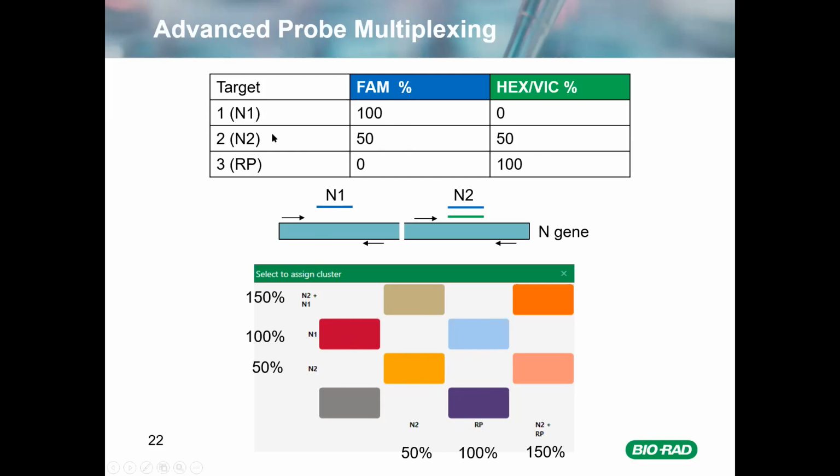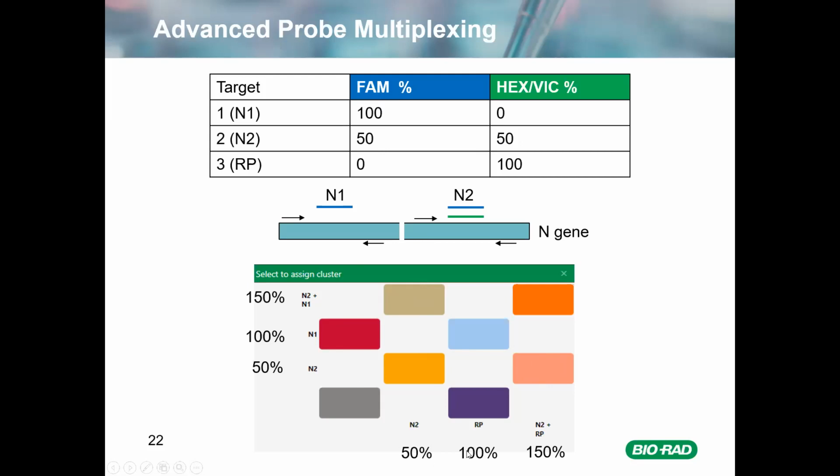Now, what about the scenario where we have N1 and N2 together? So we've got 100% FAM plus 50% FAM. So we're going to go 100% FAM plus an additional amount of FAM, and then 50% FAM. So over to where N2 would be, and that is our N2 plus N1 population. Same thing for N2 plus RP.